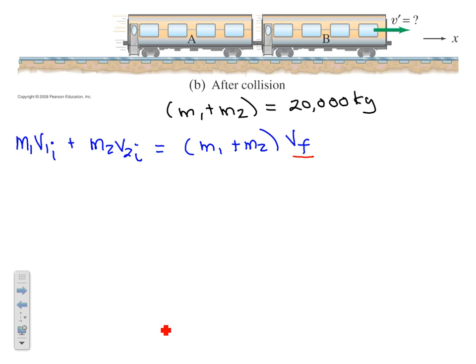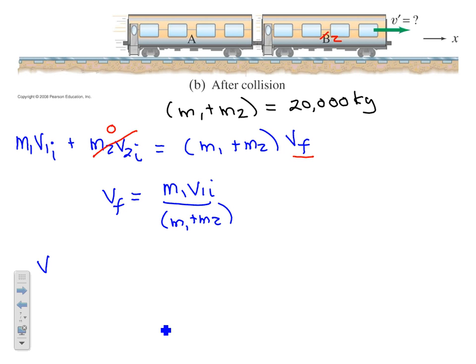Now remember, car B, number 2, was at rest. So V2I was 0. So I'm going to drop that out completely. So I'm going to rearrange with VF is equal to M1 V1I divided by the sum of the masses.